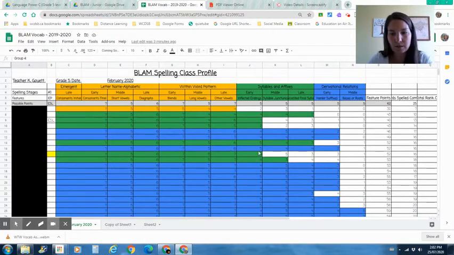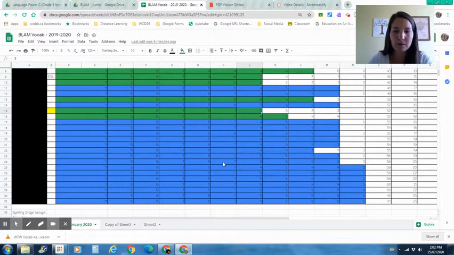So that student, he's in the early inflected endings, in the syllables and affixes stage, because he only got 3 out of 5, so he had 2 incorrect. So this is the stage that he is at, and I just highlighted across to give me a visual as to where he is. This really helps me with grouping students.